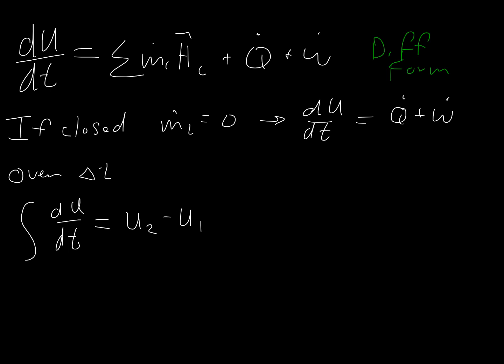We're just saying, oh, that's delta U. That's all we're going to bother with. Then if we integrate the right-hand side of the equation, we just get rid of the dots. It's the total Q that has entered the system plus the total W. In this case, recall that the delta is just final minus initial.